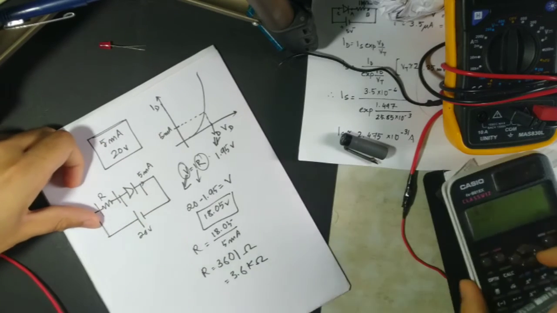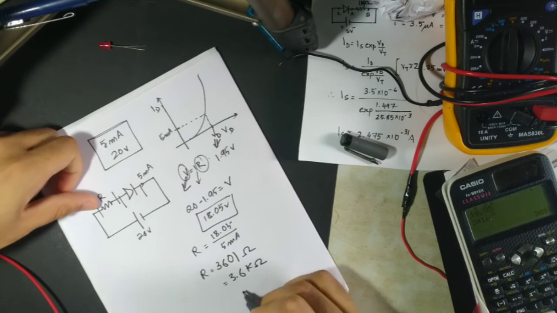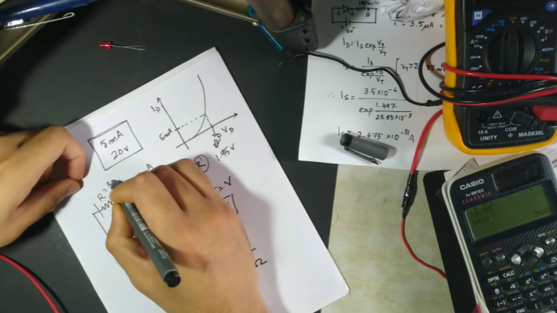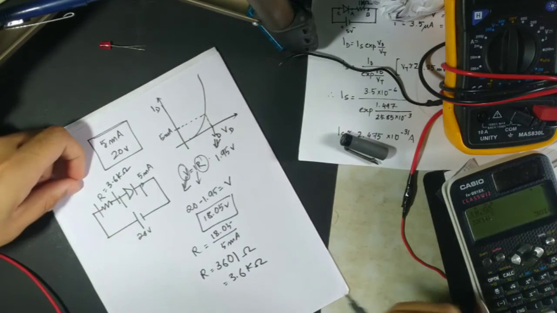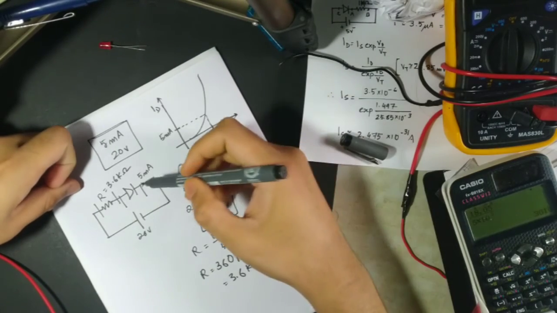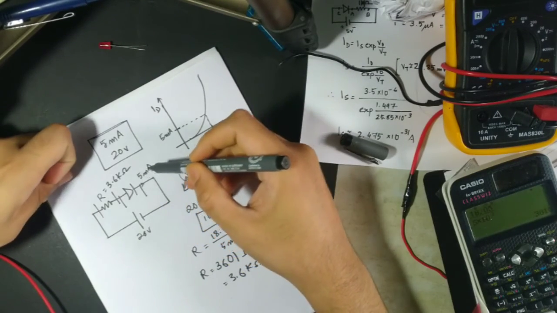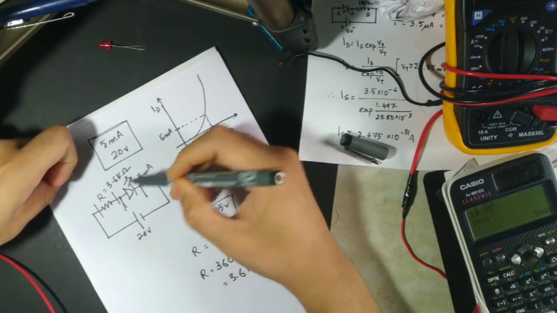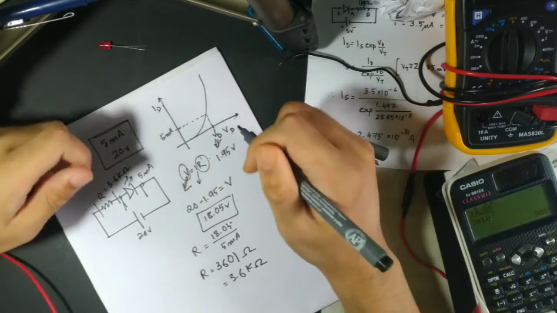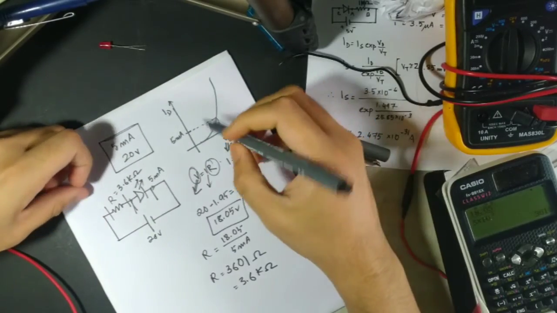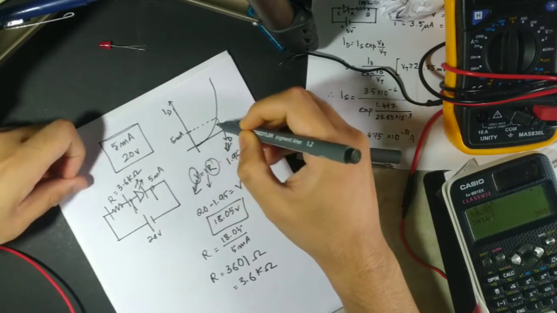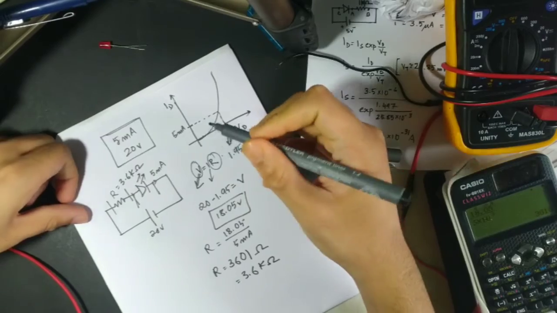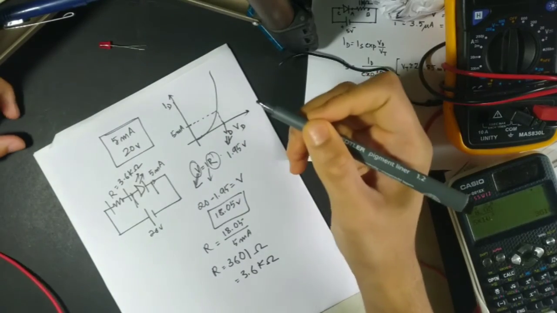If I have a resistance of 3.6 kilo ohms here, then the current through the LED will be 5 milliamperes, and we will not be harming our LED, and it will glow. So this was my intention, to make the development of the circuit easy, and when someone asks the correct questions, you can easily make a circuit.